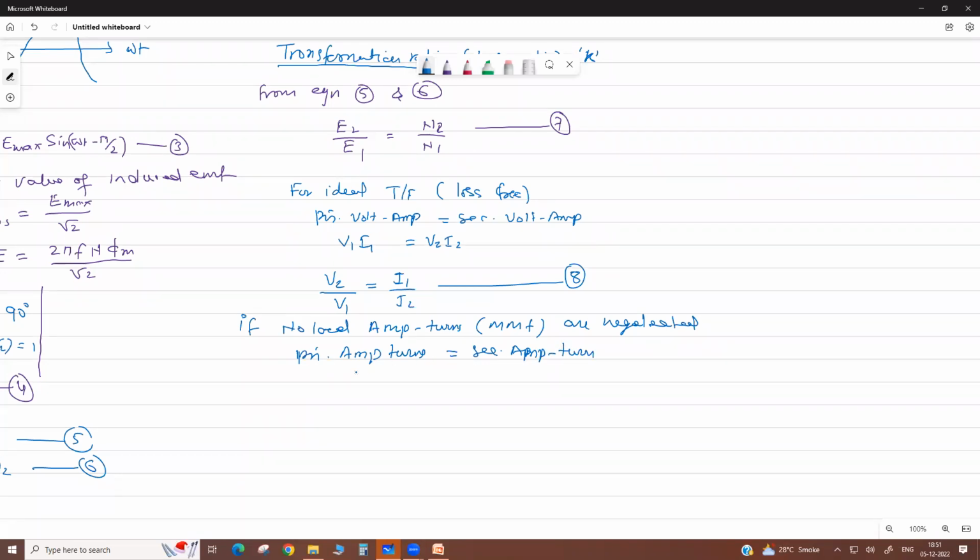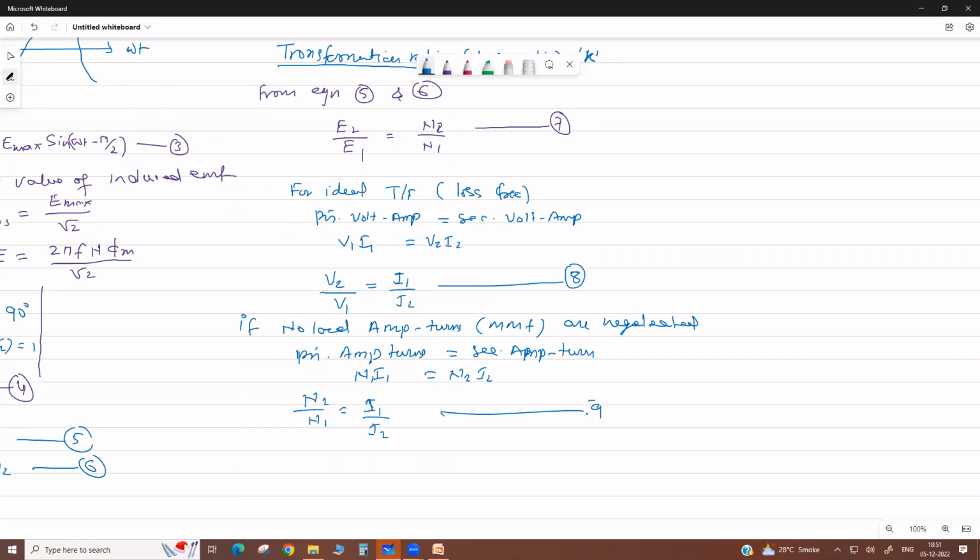Ampere turns means N1 I1 equals N2 I2, or we can write N2 by N1 equals I1 by I2.